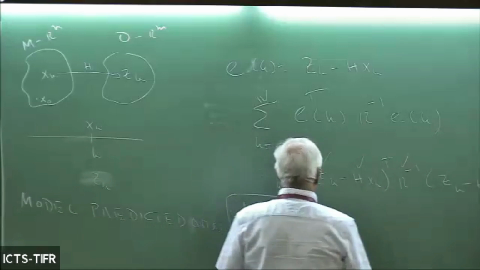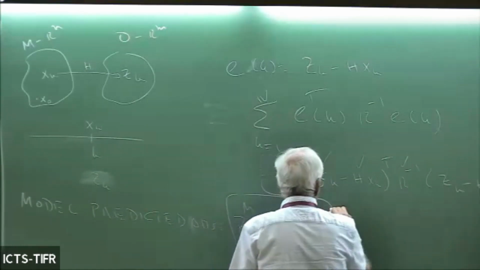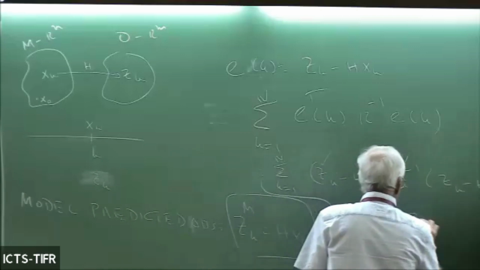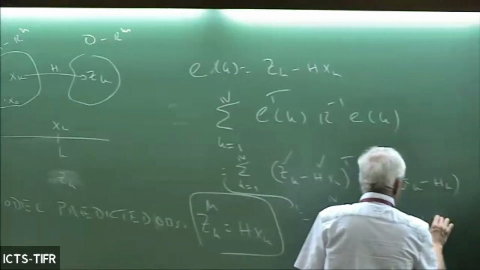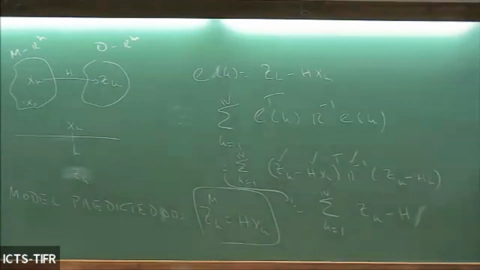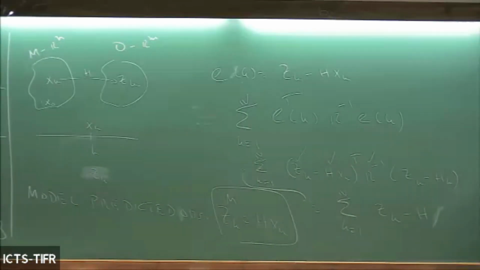So how can I rewrite this? From here, it comes in here. Summation k equals 1 to N, Z_k minus h of, okay, now what is x_k? I already have x_k equals M to the power k times x_0. Because the model is linear, I can solve the linear system by iterating. If it is a nonlinear model, I can't do this easily.